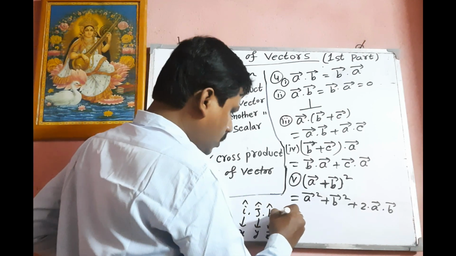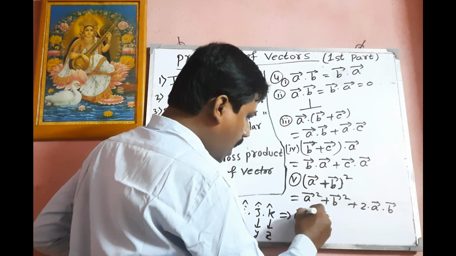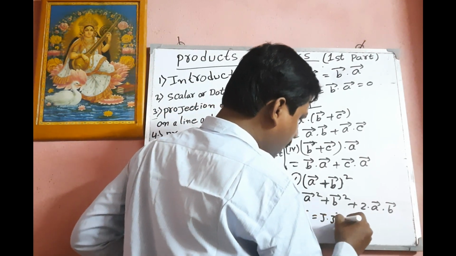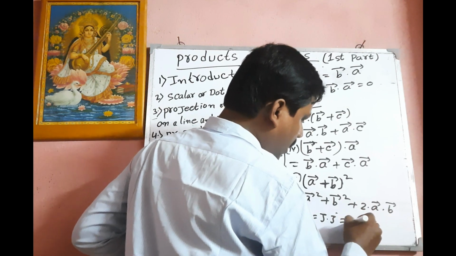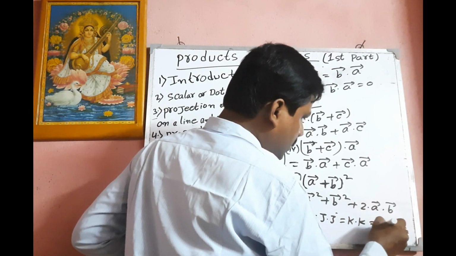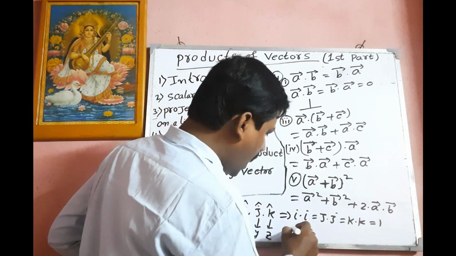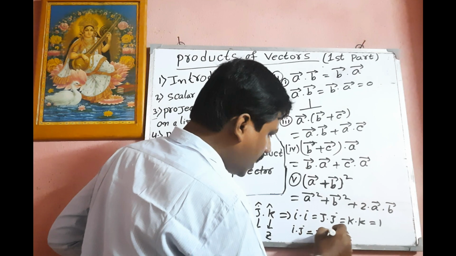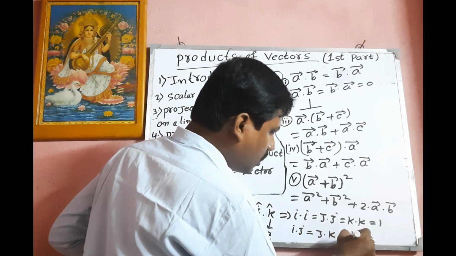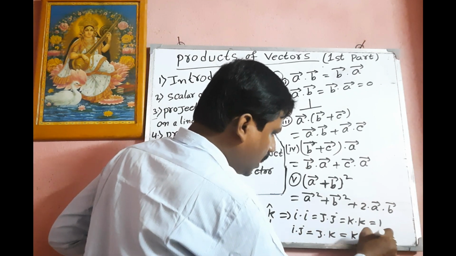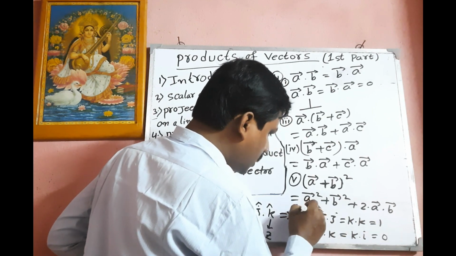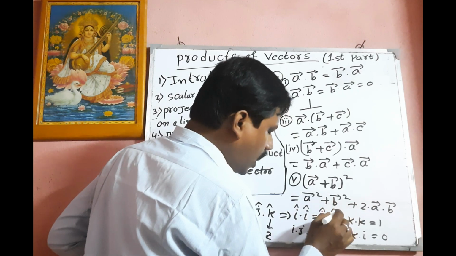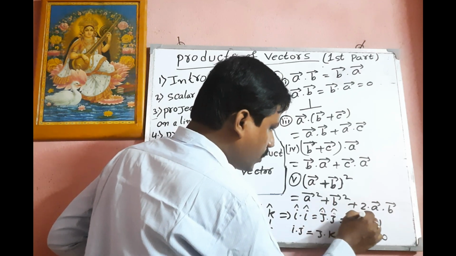Now, from this, I dot I, J dot J, K dot K is equal to 1, and I dot J is equal to J dot K is equal to K dot I is 0, and these all have the cap because these are unit vectors.